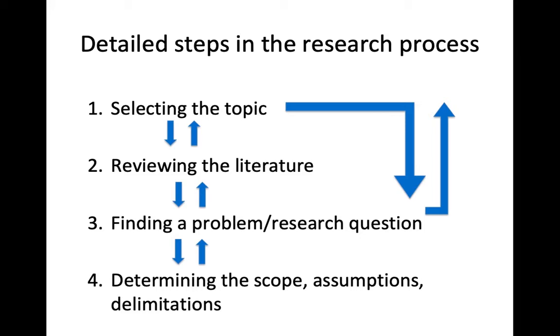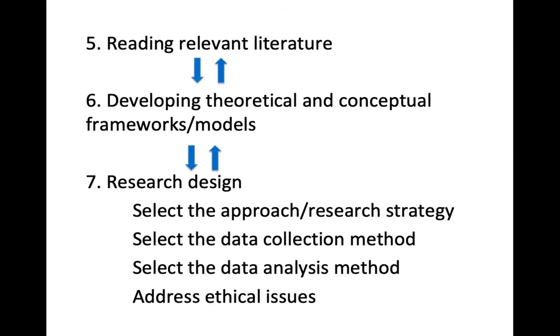The same is happening with the second and the third step, which are reviewing the literature and finding a problem or a research question. Once you are done with your problem and you have formulated your research question, then you can proceed with the fourth step, which is determining the scope, the assumptions, and the limitations.